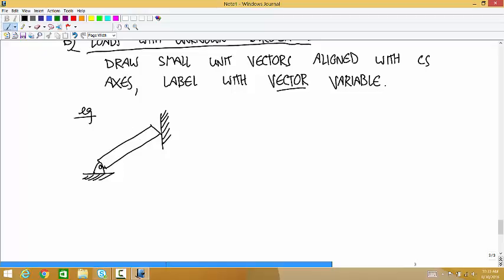We haven't done anything with that yet, so I'm just going to tell you that this pin joint applies a force with an unknown direction. This contact with the wall applies a force with a known direction. So the free body diagram looks like this.